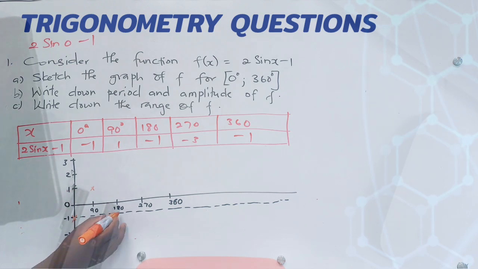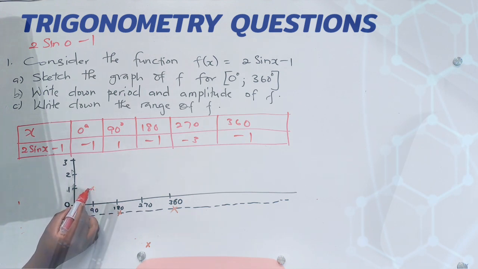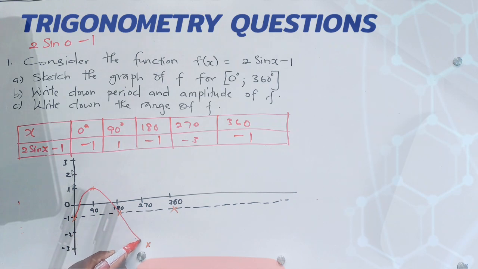Then 180 and minus 1, it's here. Then 270 and minus 3, somewhere here. Then we have 360 and minus 1 up there. So our graph will look like this. This is our turning point, then we go up. So this is our new graph of 2 sine x minus 1.